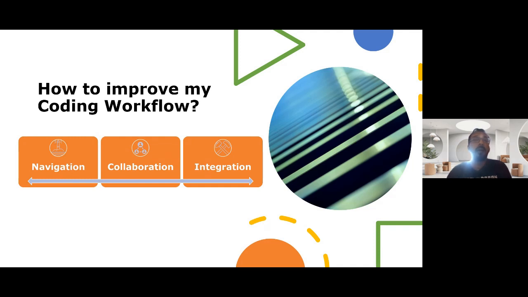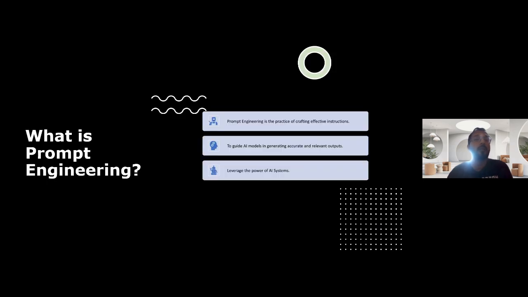So how all these are possible: improving the code workflow and code productivity is not possible without understanding the prompt. So prompt engineering plays a vital role in GitHub Copilot, because if I want to craft any prompt in your coding language, prompting is a very important technique.